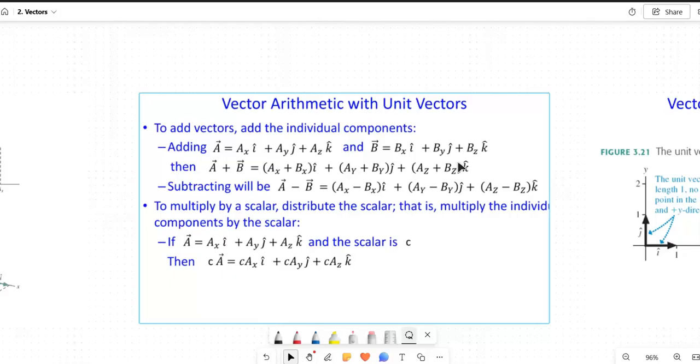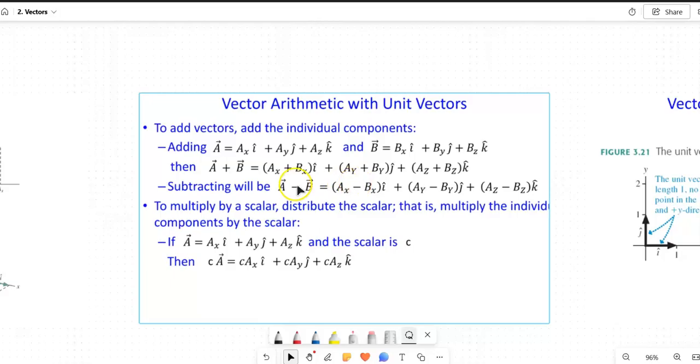Now, we're not going to do a lot of 3-dimensional vector stuff in our class. We're going to be doing more of just 2 directions, like the i direction, the x direction, and the y direction for the j. When you need to subtract these, like if you had to subtract A minus B, you would just go ahead and subtract each one of those.